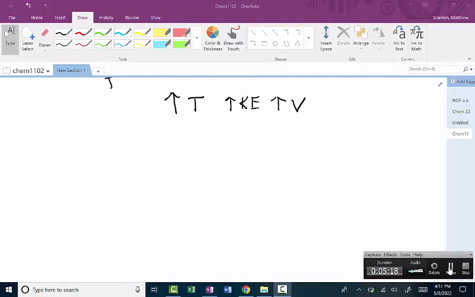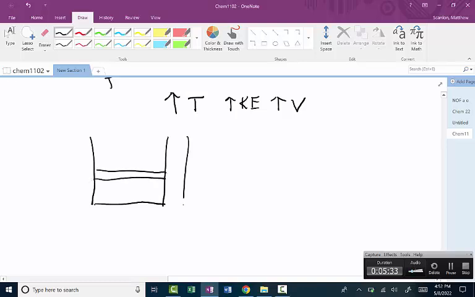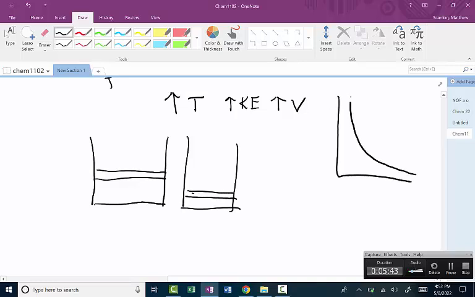So let's talk a little bit about where the kinetic molecular theory fails, and the problems we run into. At very high pressures, if I just keep pushing this down farther and farther, the volume gets smaller and the pressure increases. Remember, our graph looks like this: volume gets smaller, pressure increases. And so at a very small volume, the volume of the gas molecules starts to become important.